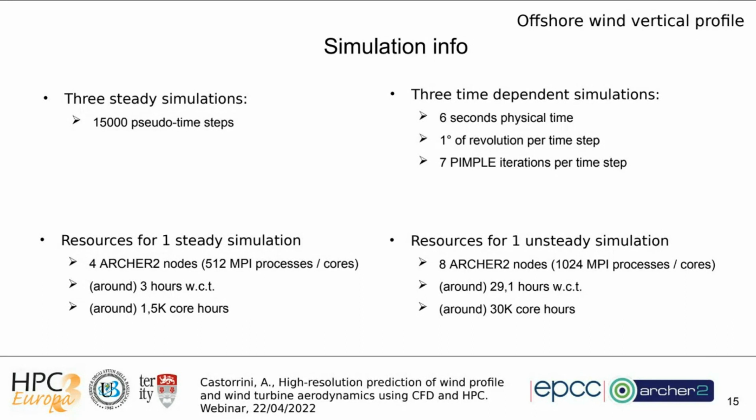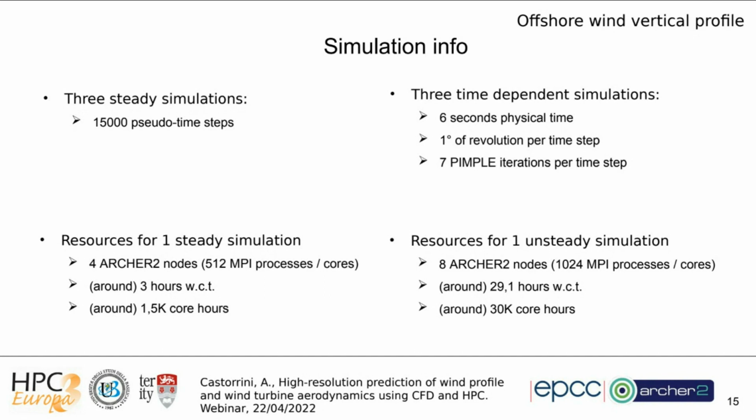In the case of time-dependent simulation for the misaligned wind, things are much different. As you can see, to run just 6 seconds of physical time using 1 degree of resolution per time step, so setting a time step that corresponds to the rotor making 1 degree of revolution, and for each time step, 7 iterations of the SIMPLE algorithm.